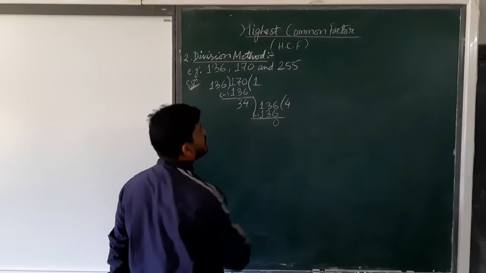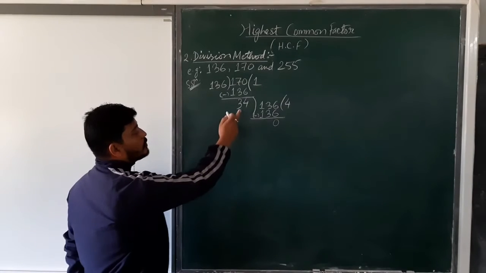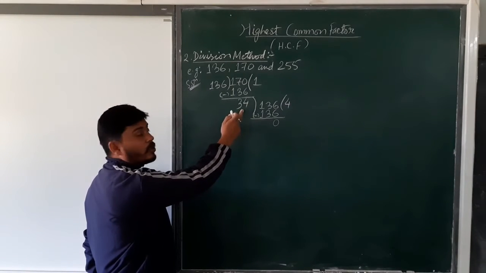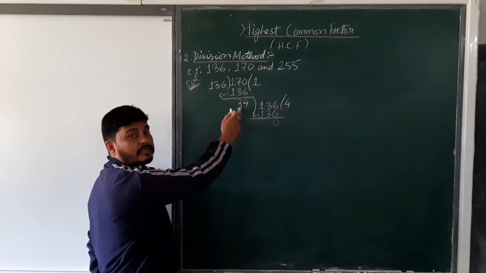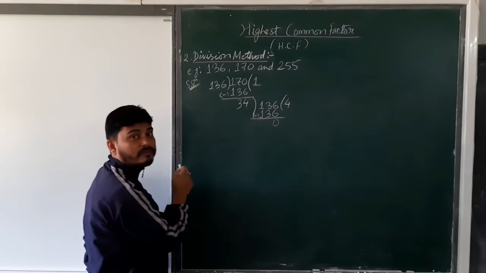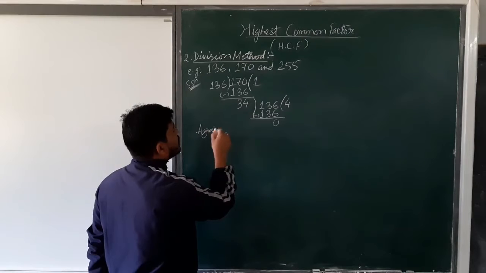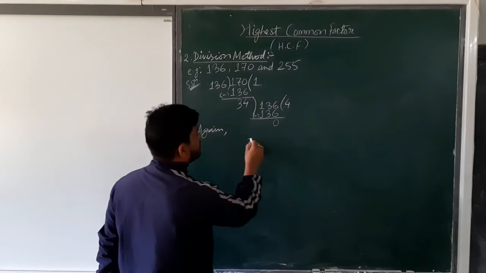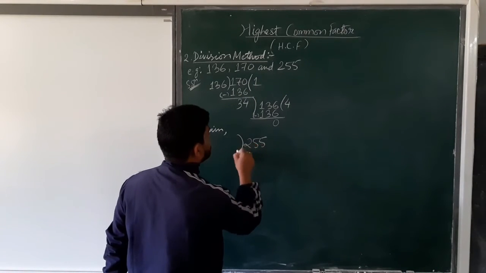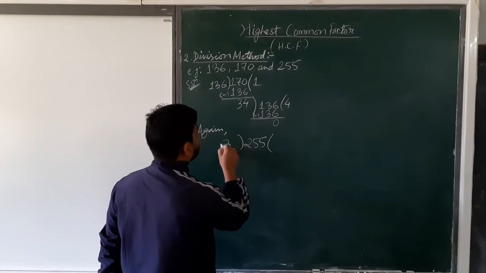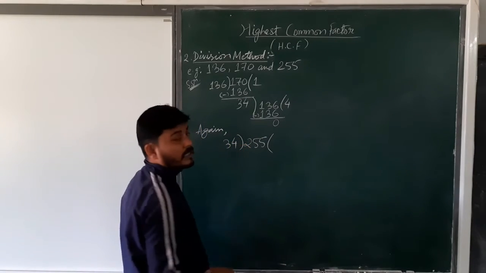Now as you can see, the remainder is 0. So here the last divisor is 34, but we cannot write it directly as HCF because one more number is left to be divided. So the number left will be divided by the last divisor.